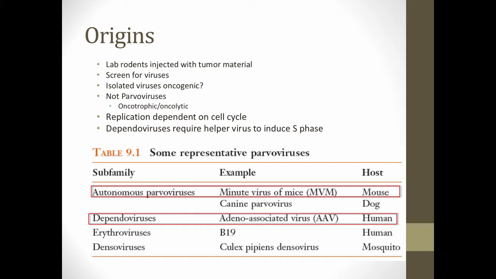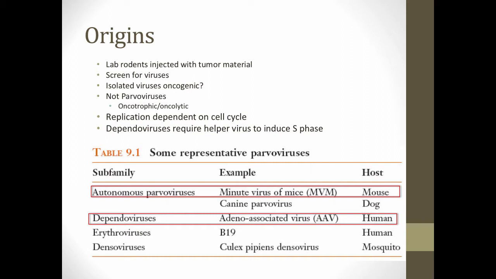And we'll talk about what specifically a dependovirus is here in a second. So again, the replication of these viruses is dependent on being in a specific phase of the cell cycle. Again, that specific phase is the S phase, because you have all the necessary enzymes needed to duplicate or replicate DNA during that phase.